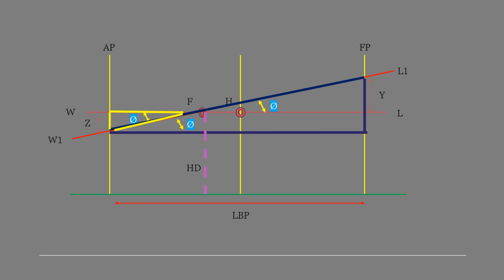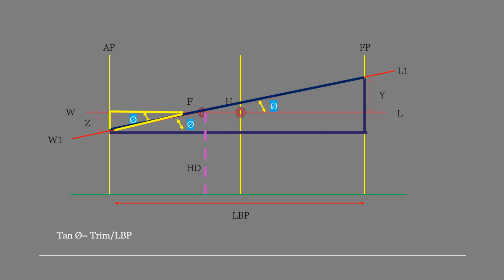If you look at the blue triangle, and if we have to say what is tan theta, tan theta is Z plus Y, right? The opposite side is Z plus Y, which is your total trim, divided by the adjacent side, which is your LBP. So tan theta is equal to trim by LBP.